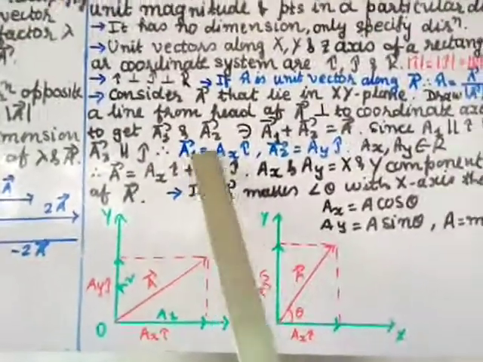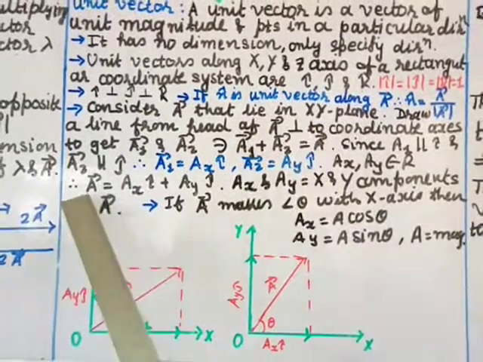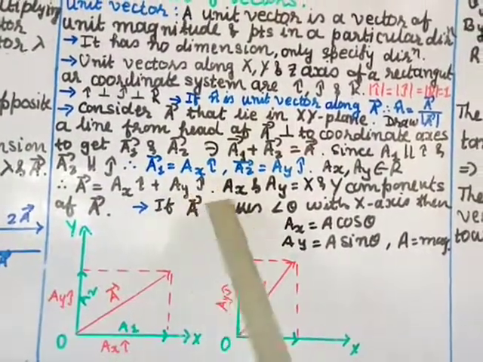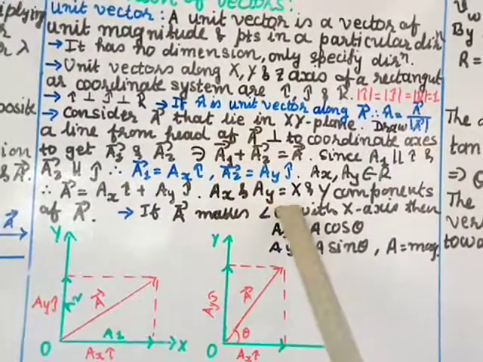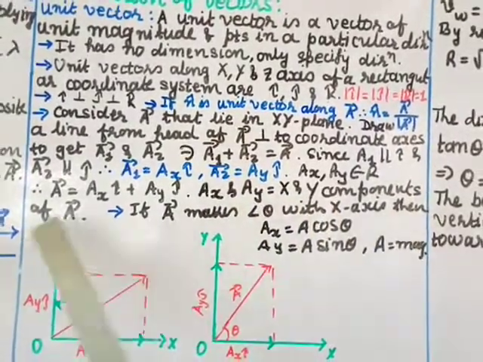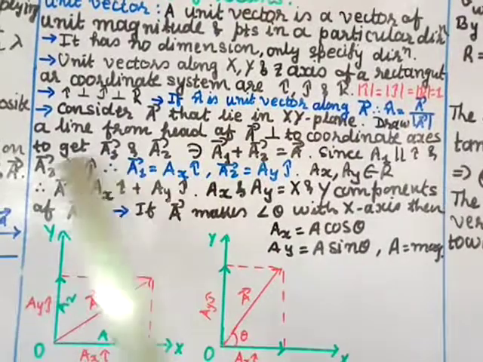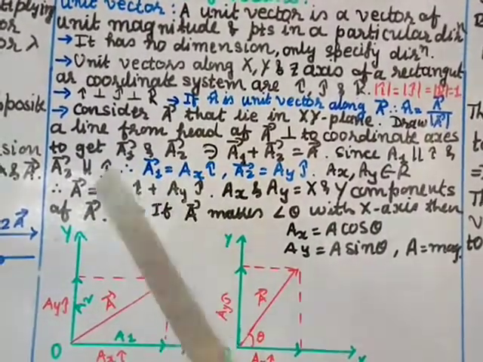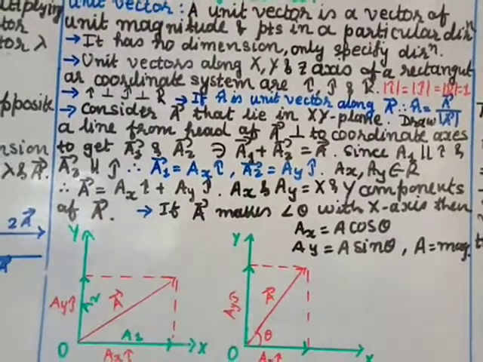And now if you put these two values in this, then you get vector A equals Ax i cap plus Ay j cap, where Ax and Ay are the x and y components of vector A. So this is in component form.